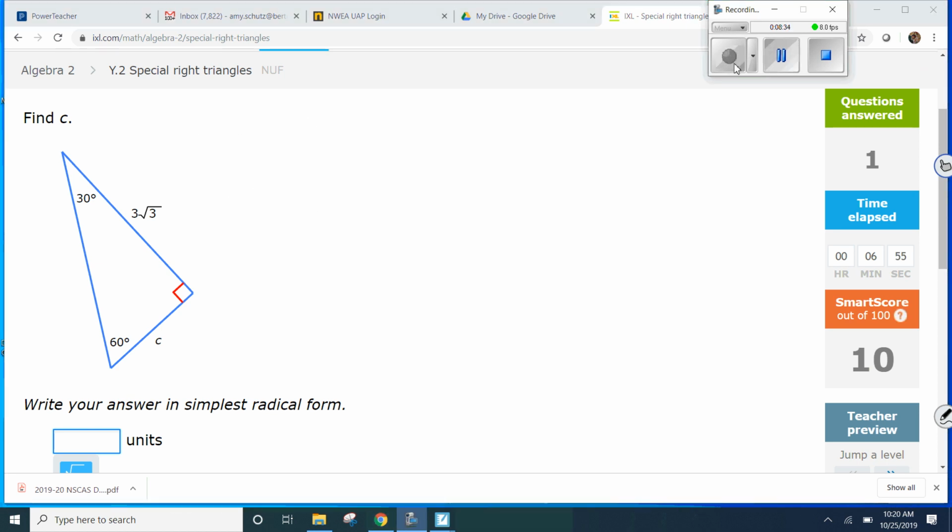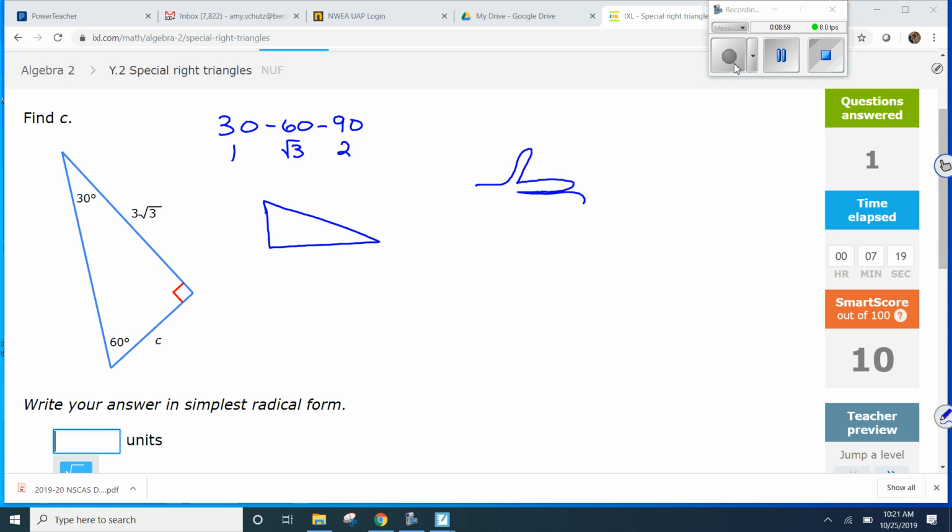Okay, as we look at this one, what we're going to notice is we can go back to that special triangle again. This is a 30, 60, 90 triangle. So the ratio is 1, radical 3, and 2. And one way to help you with that is if you go to your hand, sorry again for my drawings here.